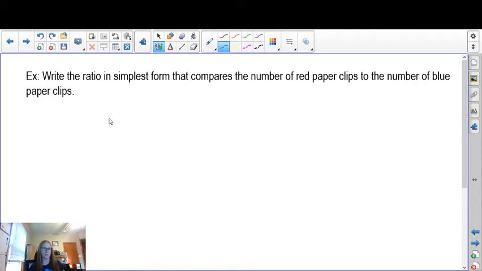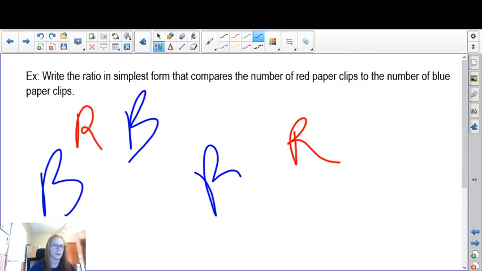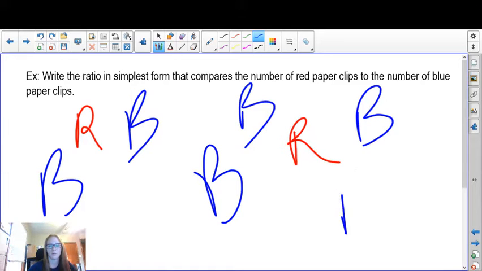All right, example. Write a ratio in simplest form that compares the number of red paper clips to the number of blue paper clips. I'm going to do this in red. So those are my paper clips. I can draw really well, guys.